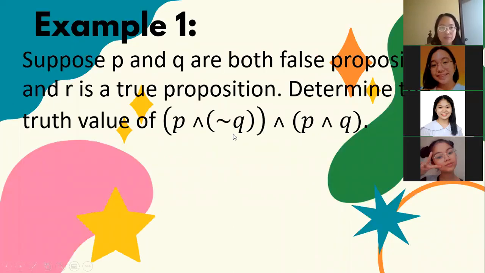So how do we do that? Let's have this example number 1. Suppose P and Q are both false propositions and R is a true proposition.